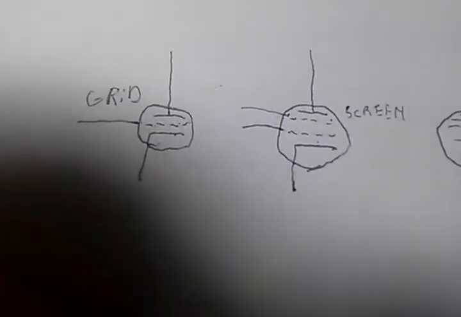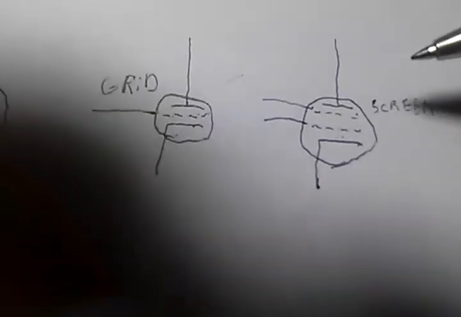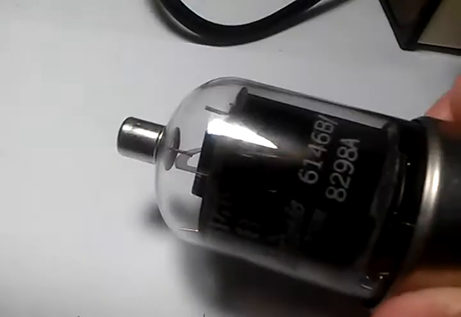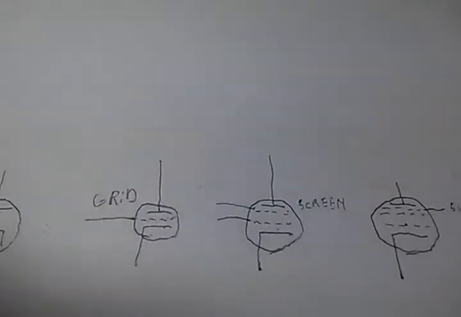Another type that is basically like the 6146 tube that I have here is called a beam tetrode. Let me draw that real quick for you all.